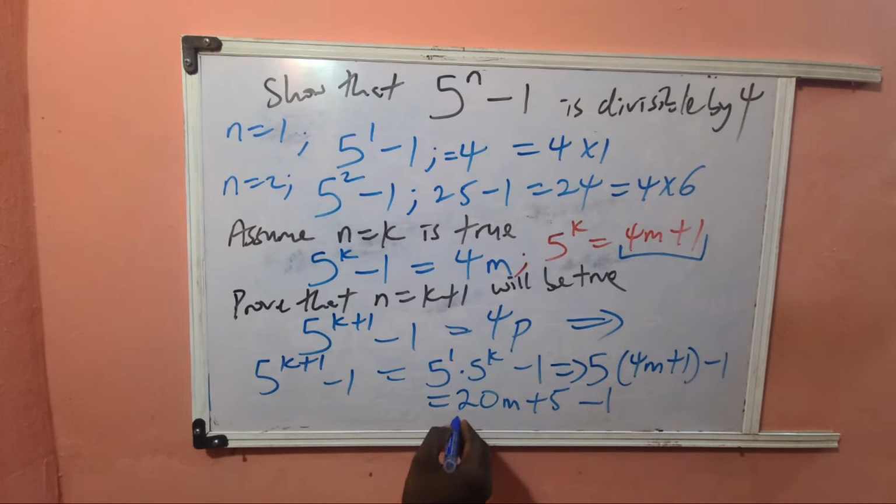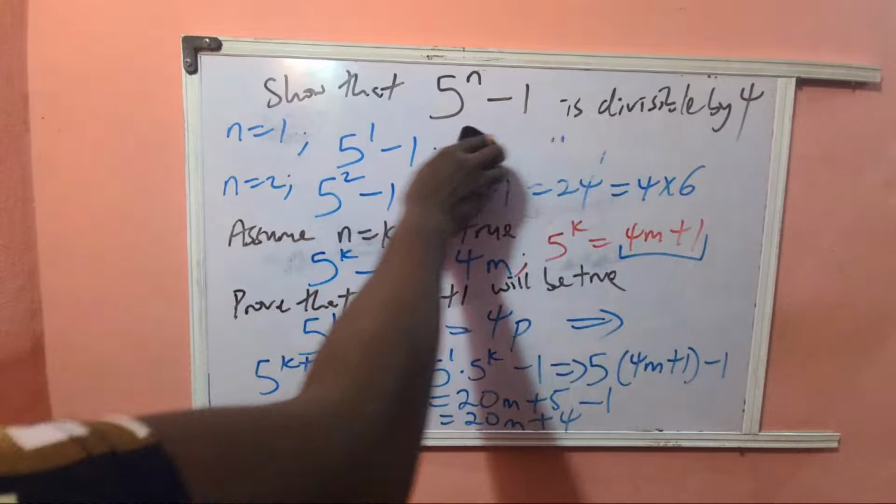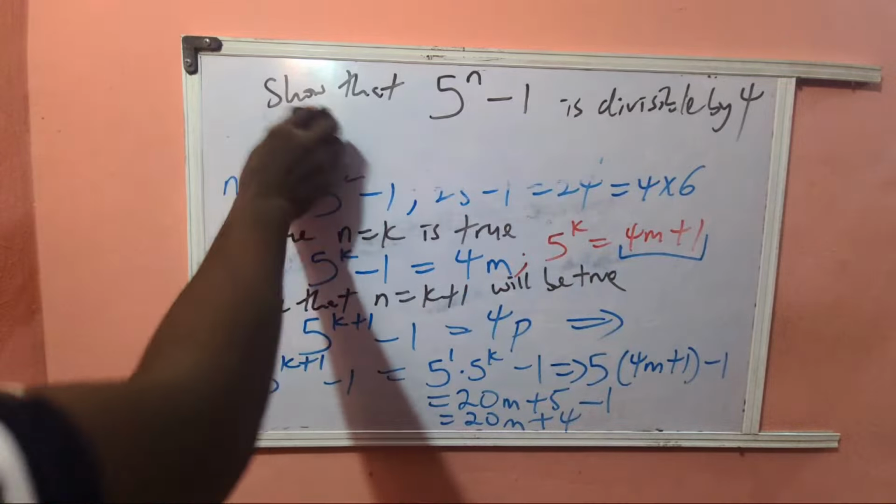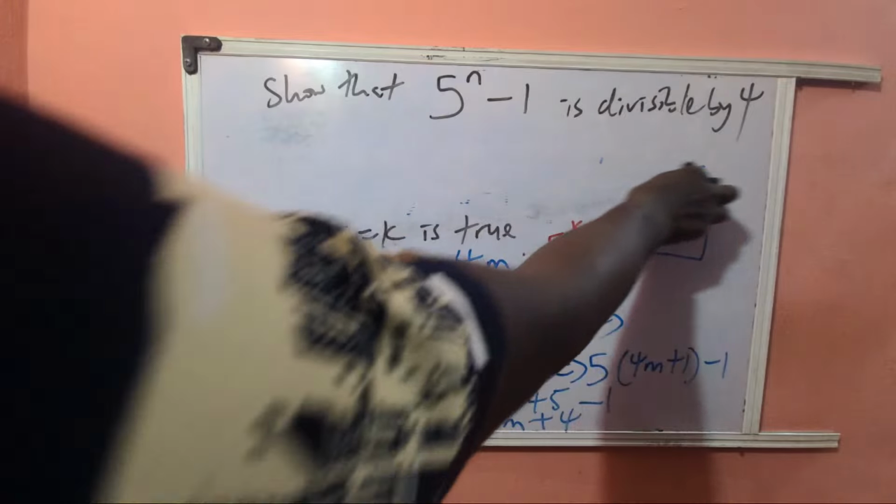So I can write 20m plus 4. Is anybody saying that I'm doing something wrong? I'm sure you know that all I'm doing is mathematically correct.